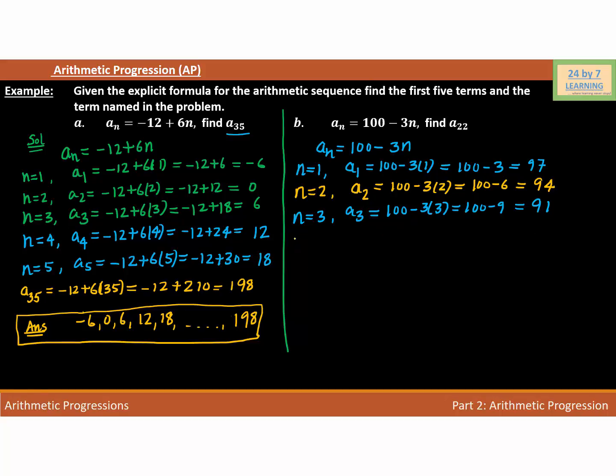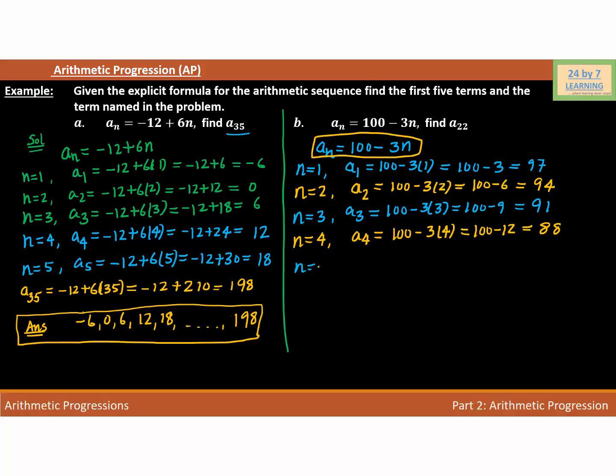Now let's find the fourth term. n is equal to 4, so a4 is 100 minus 3 times 4, and 3 times 4 is 12, so 100 minus 12 is 88. What I'm doing is substituting the value of n into this equation right here. Let me highlight this equation.